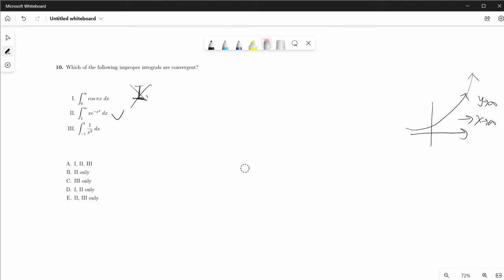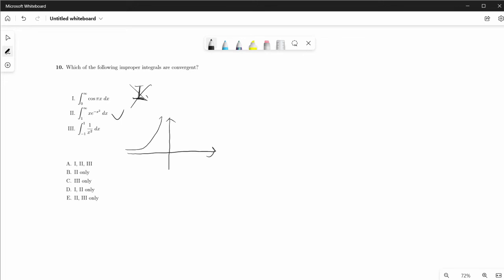For number 3, we have quite an interesting case, in fact. If you graph this, you'll realize it looks something like this. If you don't know how this looks, it comes with experience, but I think about it as this will be similar to 1 over x.